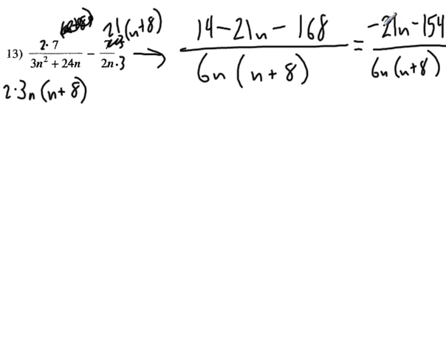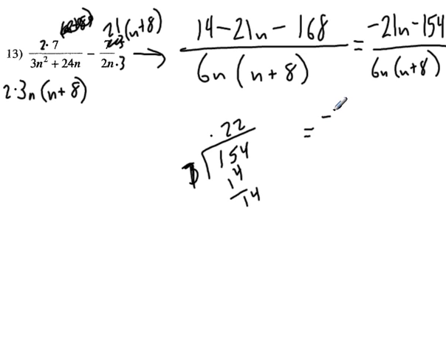All right, so 21 and 154, do you have a common factor there? I think 154 can be divided by 3. No, I don't think it can. Let's see if it can be divided by 7. Sure can. So 7 times 22. And I know 7 will go into 21 also.